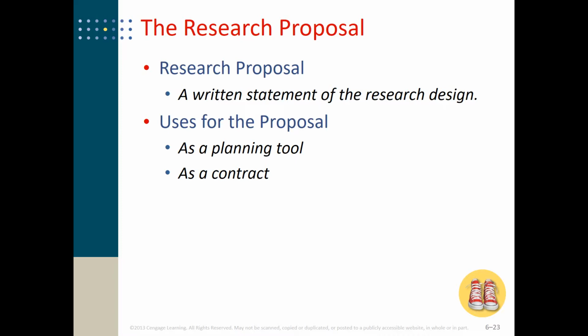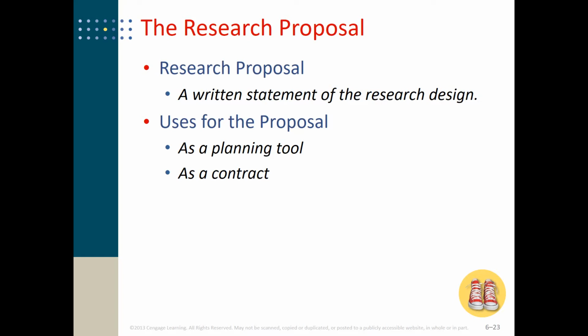A good research proposal should systematically outline the research methodology and the research procedure by which the research will actually be conducted. It also includes the sampling procedure, the sample size, the cost of the research, and the estimated time period for the research. So a research proposal actually covers the entire research.